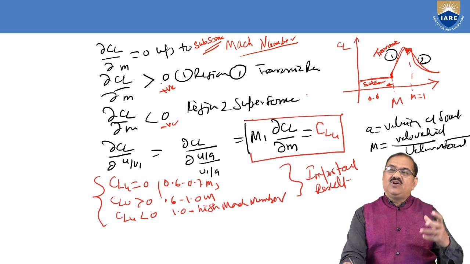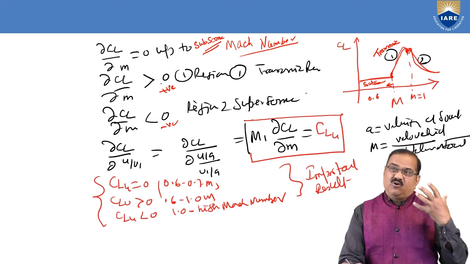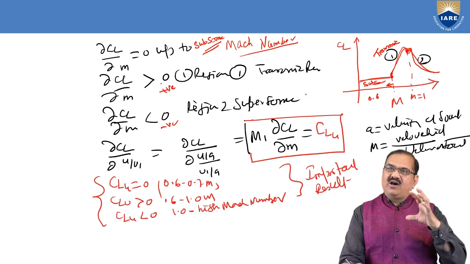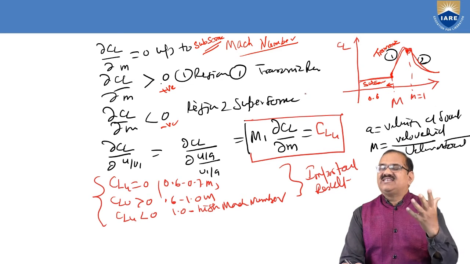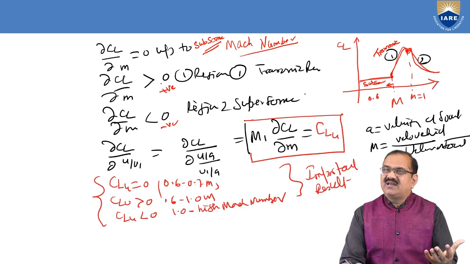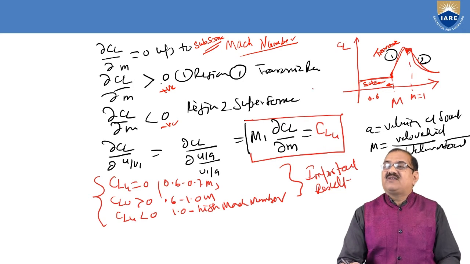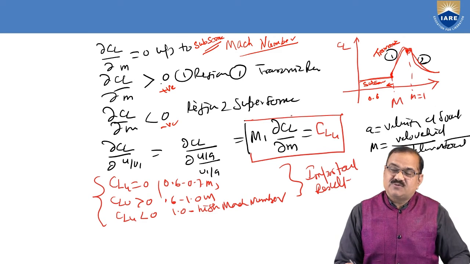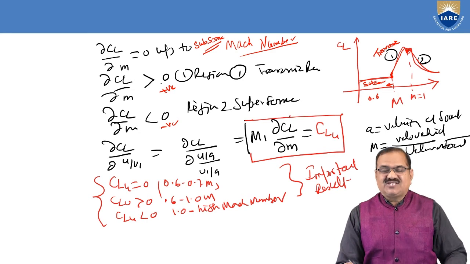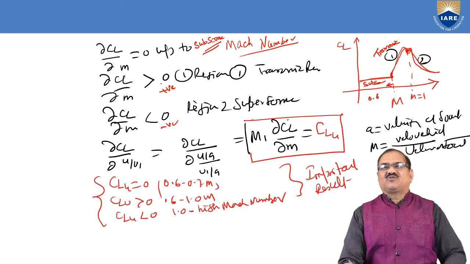So this CLu gives ∂CL/∂u, or ∂CL/∂M. M we have taken as the speed or Mach number. If we plot this, we can get whether the aircraft is in the subsonic range, transonic range, or supersonic range.